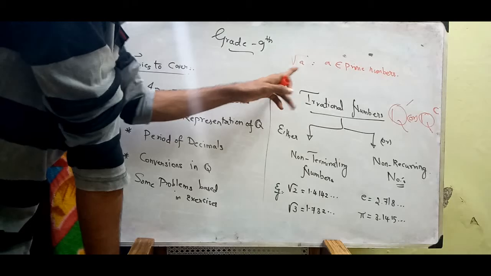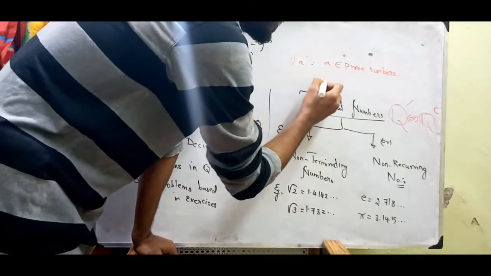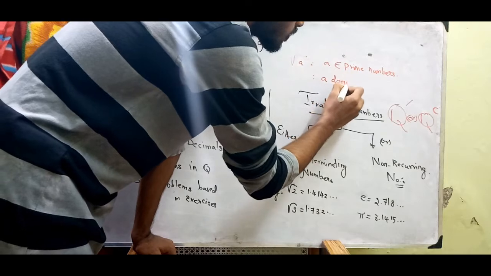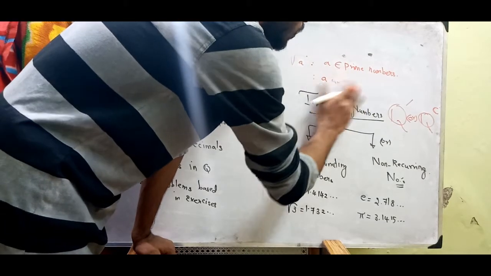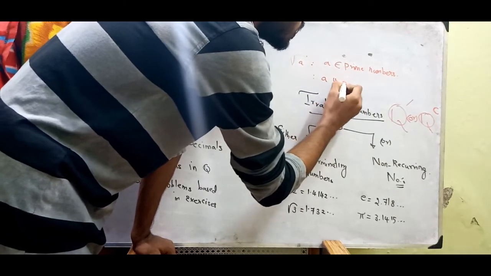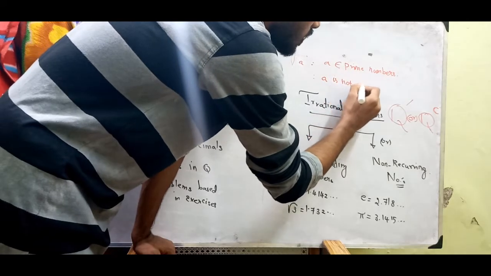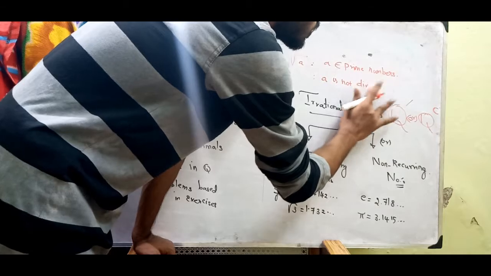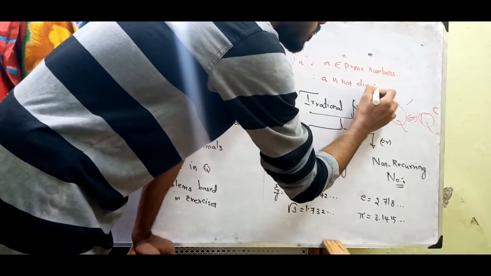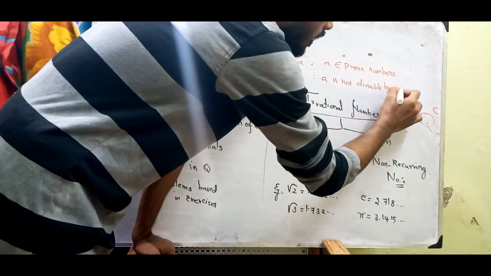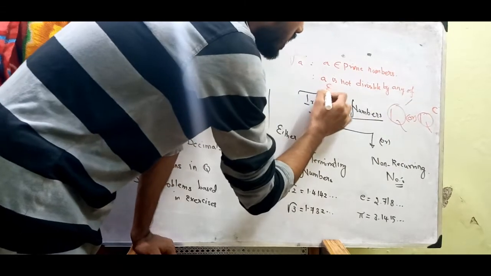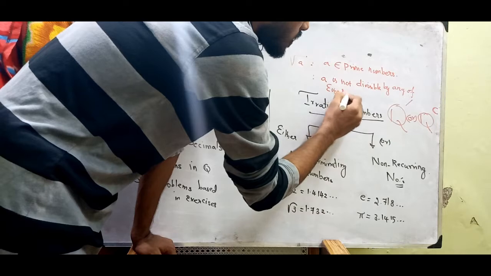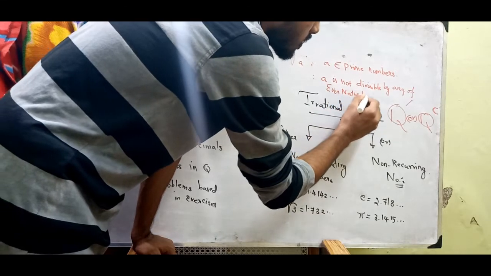Or in this way also we can write, a is not divisible by any of the even natural numbers.